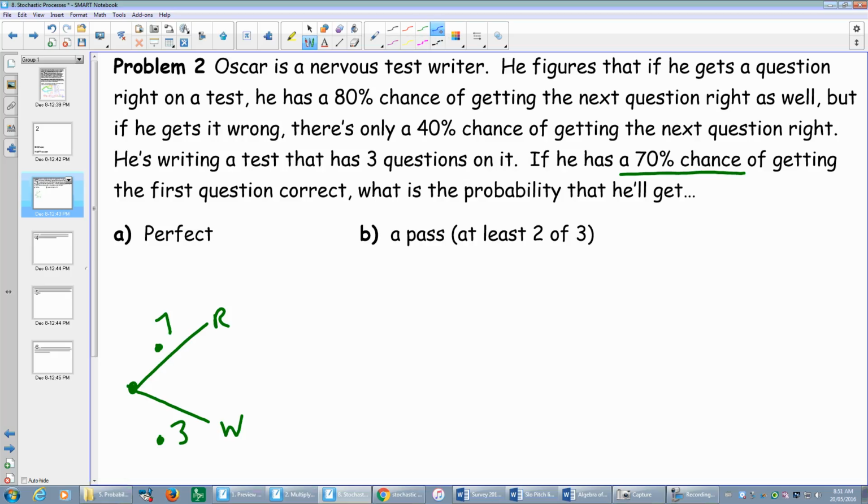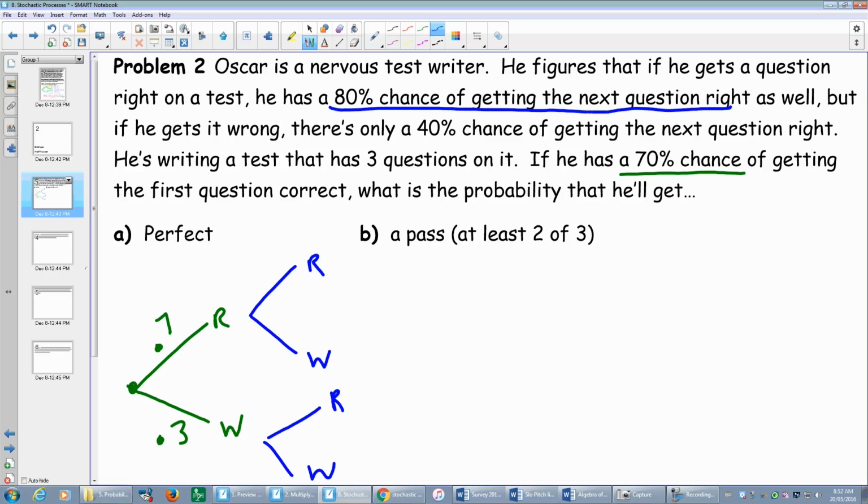Okay. Now, for the second question, he can get it right or wrong. Now, he got the first question correct, so it says that if he gets a question right on the test, he has an 80% chance of getting the next question right.